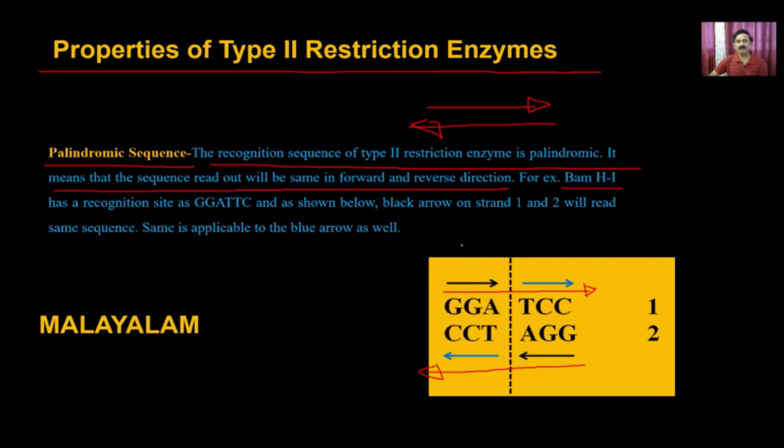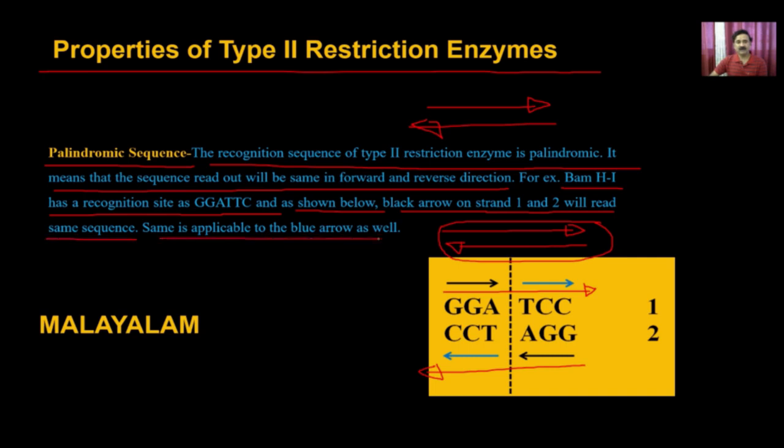This kind of pattern, where the forward and reverse reading is identical, is called the palindromic sequence. The black arrow on strand 1 and 2 will read the same sequence, and the same is applicable to the blue arrow as well.